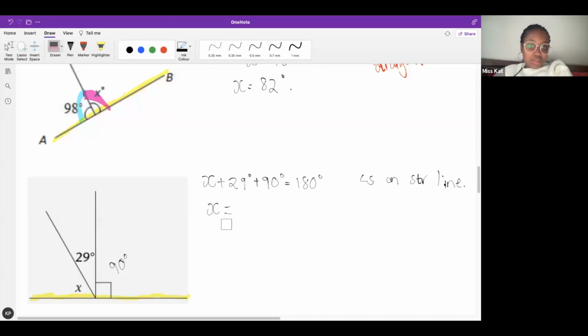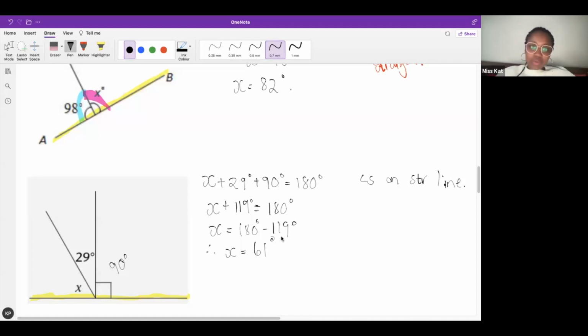Yes, add them together. X equals 180 minus 119, and that gives you x is what? 61. Beautiful, Zianda.